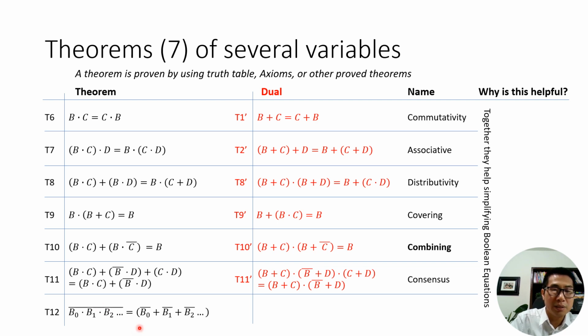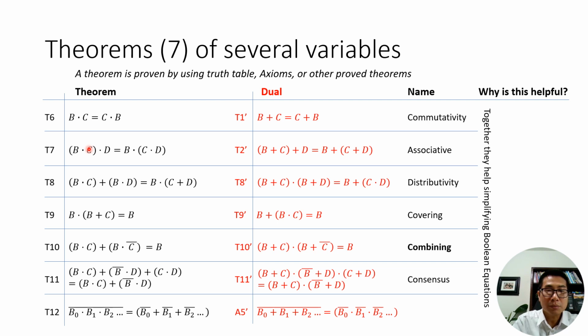It's the same as the negation of each one of them, and whenever you see the AND, you convert it into the OR. So the negation of the whole set of ANDs becomes the negation of each individual element, but you also need to convert the AND into the OR. And its dual form is similar.